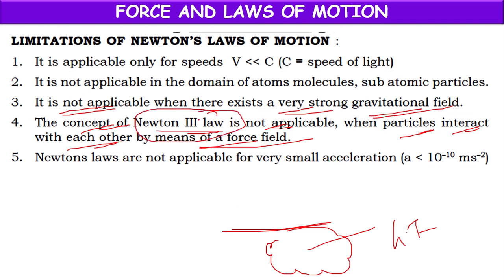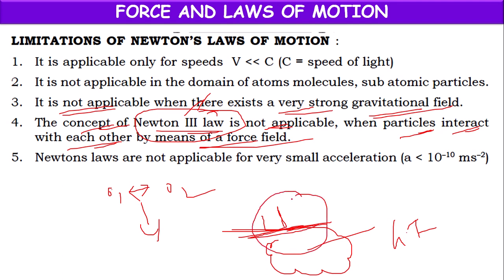Newton's third law: suppose two bodies are there, object 1 and object 2, and they interact with each other with the help of a force field like a gravitational field, magnetic field, or electrostatic field. In that case Newton's third law is not applicable. When the two objects are in contact with each other, then Newton's law will be applicable.